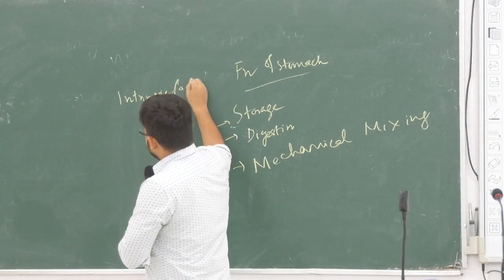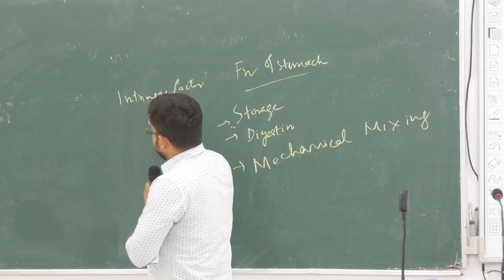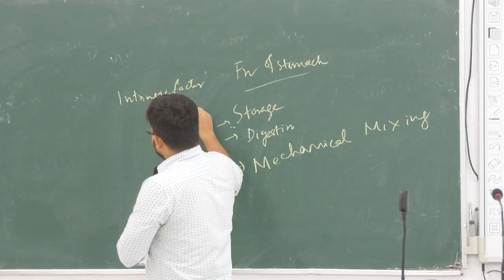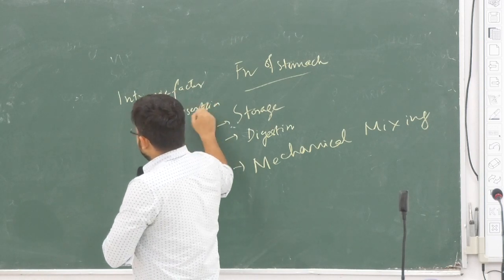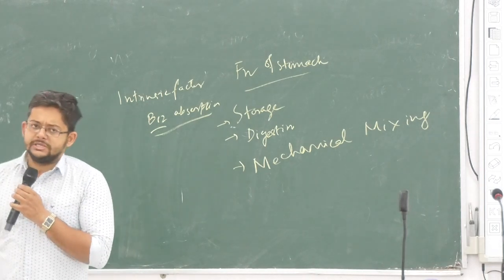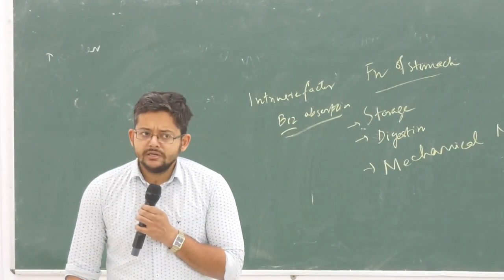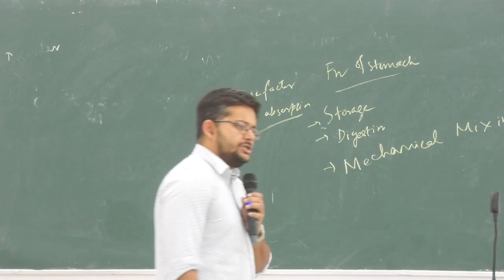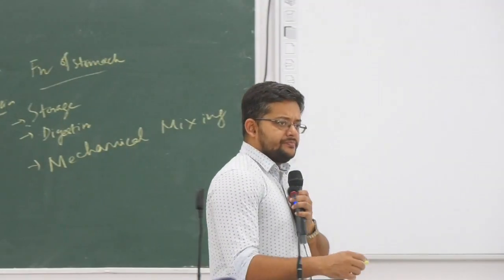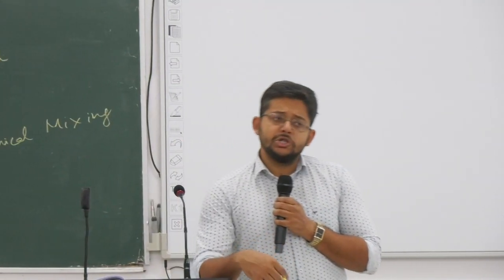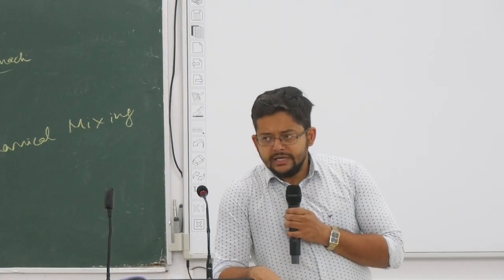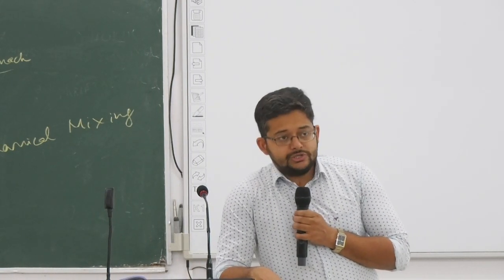Formation of intrinsic factor, definitely, which helps in B12 absorption. If intrinsic factor is not present, there is a disease we call pernicious anemia. Why does pernicious anemia happen? Remember, this is an autoimmune disorder.